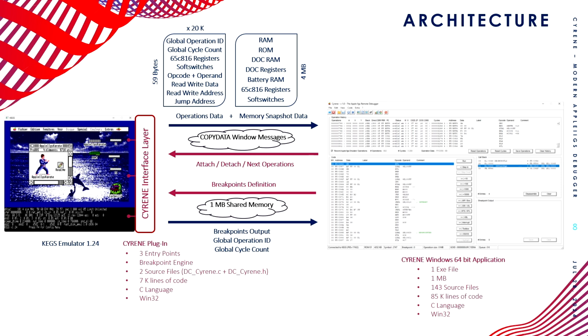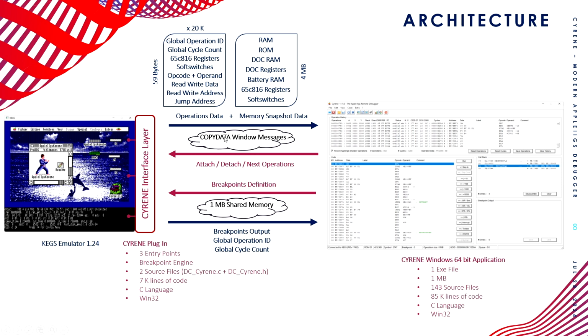Shared memory space is efficient because both executables can write together and exchange data very efficiently. And CopyData Windows messages are efficient because they are processed as a list. So if KEGS is sending a lot of messages to Siren, Siren will process these messages in the same order that they have been sent by KEGS.